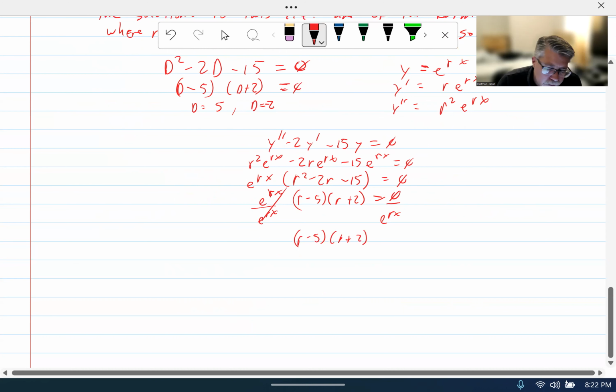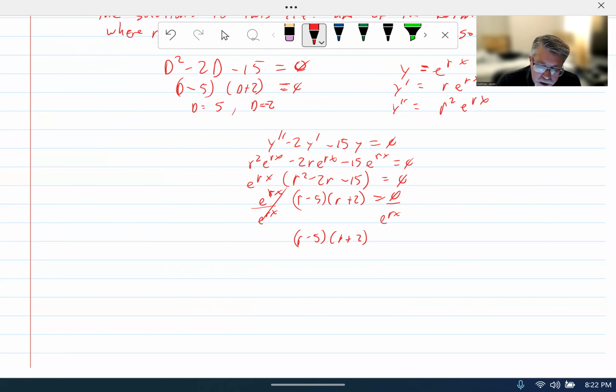So we're kind of doing a fast track on this process by using the D's. We just say we're going to end up with this e to the rx on the outside. It's going to go away, and so the powers, because of the form of the solution, y equals e to the rx.